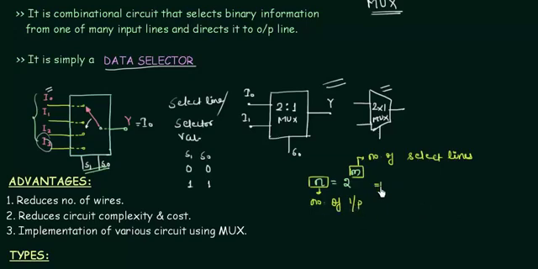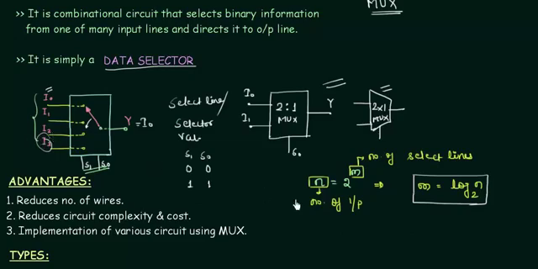If I simplify it, m is equal to log with base 2 of n. So this is the relation between the number of inputs and the selector variables.